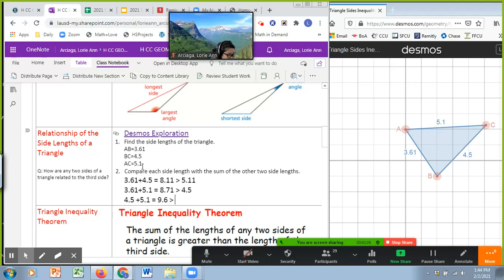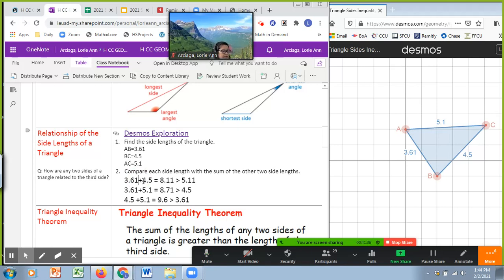Okay, I'm getting confused now. Let me double check. I added the first two, then the first and the last, and then the middle two. Yeah, I did not skip any.